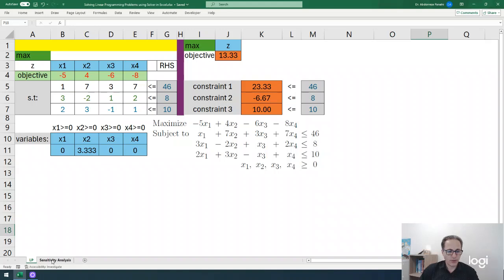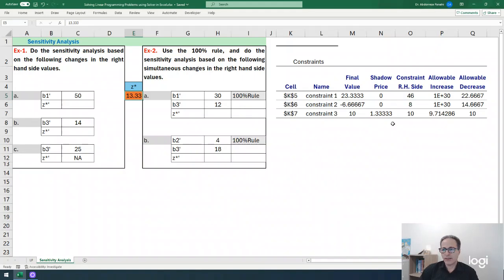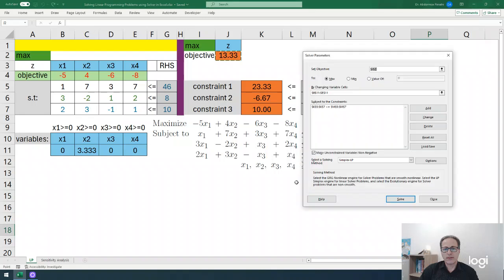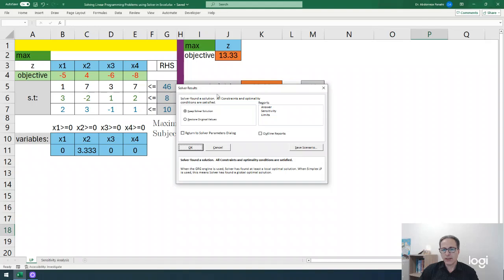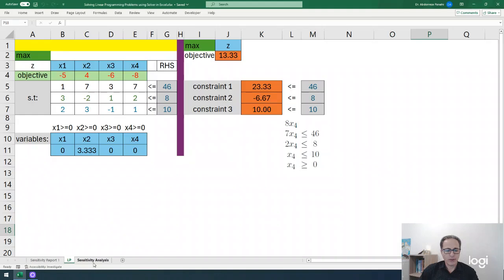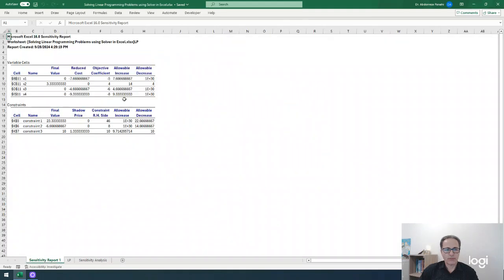However, in the test usually this report is given. But if you want to solve a problem and also do the sensitivity analysis afterwards based on this report, you need to create that report like this. We solve the problem as we did last time, but after solving we have the chance to export these reports, and that is the sensitivity report. If I click on this, then I will have a new page here, the sensitivity report.